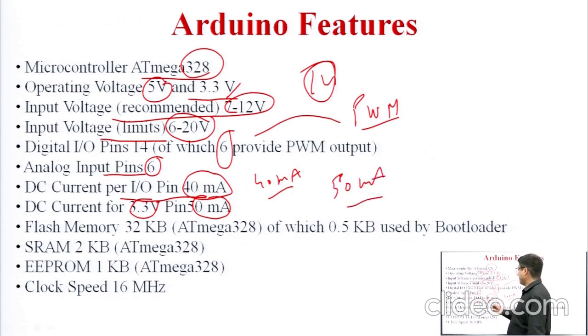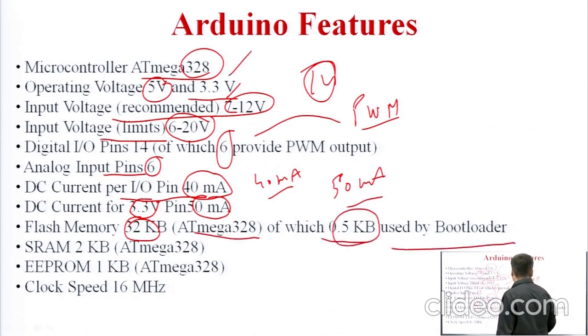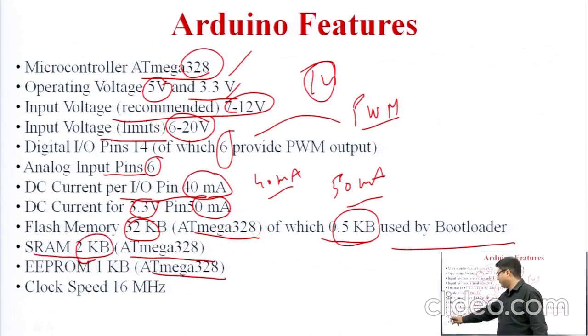It has 32 kilobytes of flash memory available for Atmega 328, of which 0.5 KB is used by the bootloader. Bootloader section is for booting the device, 0.5 kilobyte of memory is used by the bootloader for booting the device. SRAM available is 2 kilobytes for Atmega 328, and EEPROM, electrically erasable programmable ROM, available is 1 kilobyte.